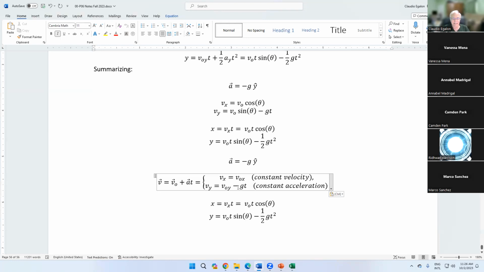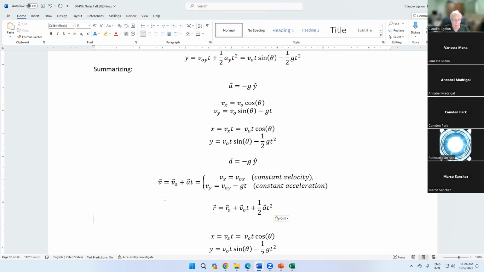Right? Here, v naught x is v naught cosine of theta, and v naught y is v naught sine of theta. And the other one, we're going to write down in terms of the vector r. Just like before, right?